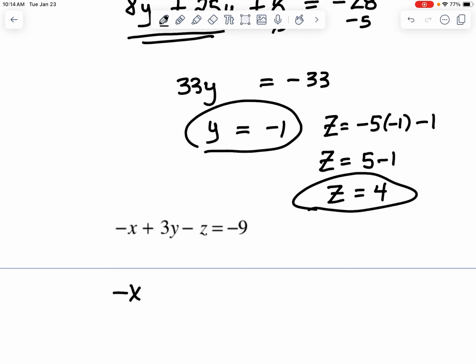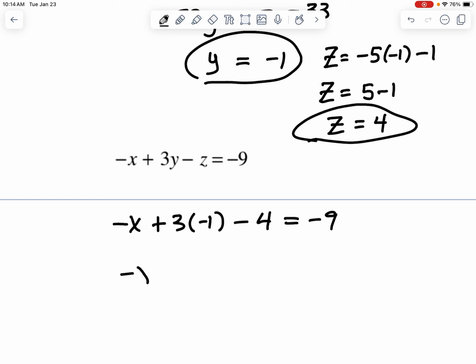So it's going to have negative x plus 3 times y was a negative 1 minus z, and then z was a 4, and then it equals negative 9. And what's that? Negative 3 and negative 4, and then it equals negative 9. So it's negative x minus 7 equals negative 9.